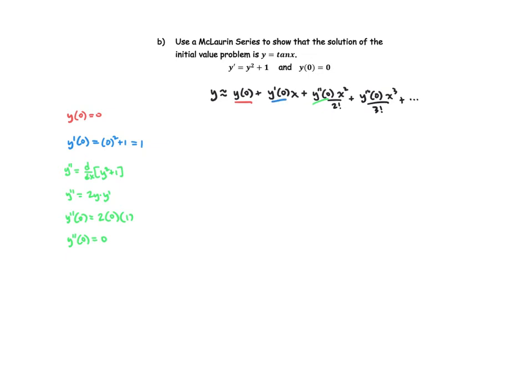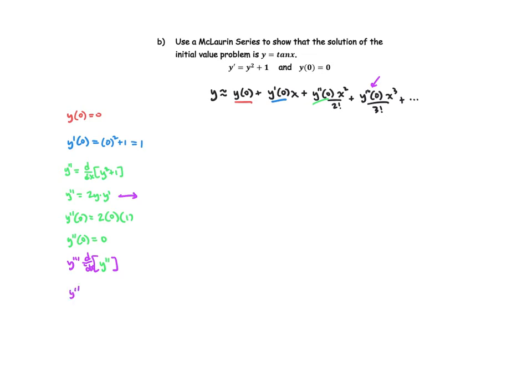Let's find the third derivative. Okay, so let's work that. I'm going to choose to use, let's go purple. So let's find y triple prime and then y triple prime at 0. So y triple prime will be equal to the derivative of y double prime with respect to x. All right, so I'm going to take the derivative of this with respect to x.